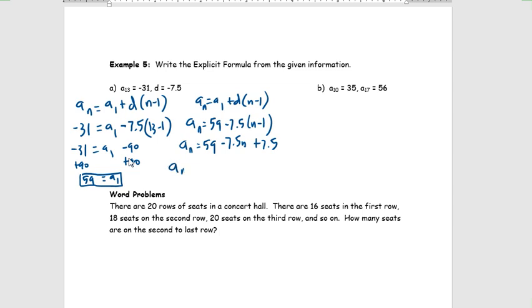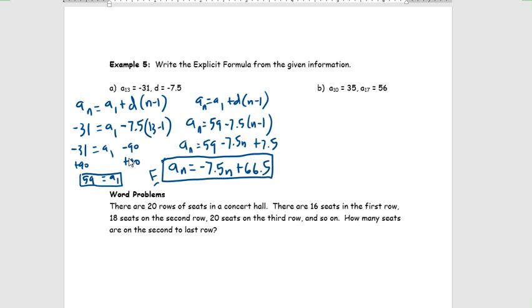So final answer for our explicit formula, our slope term will go first, negative 7.5n, and 59 plus 7.5 would be 66.5. So here's the explicit rule for a sequence from this given information.